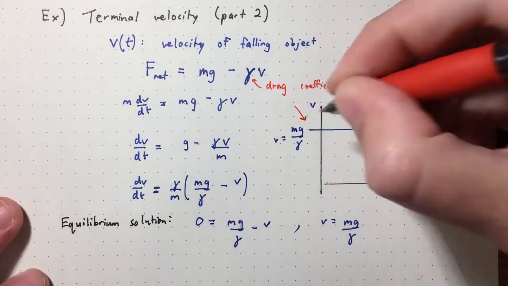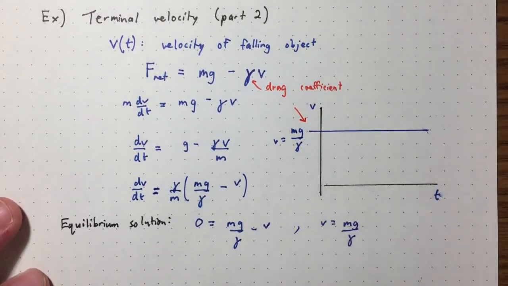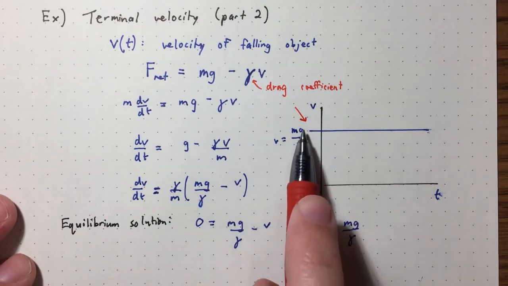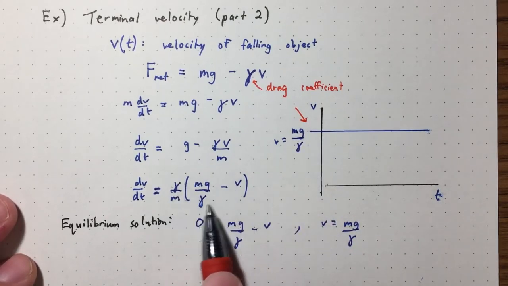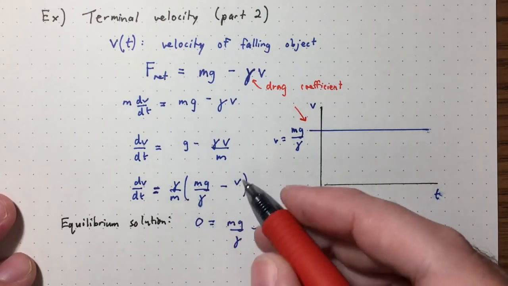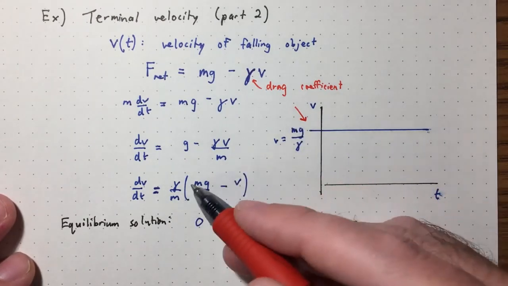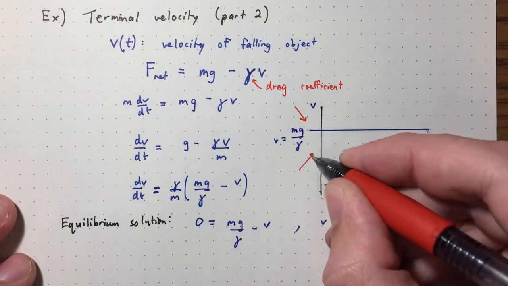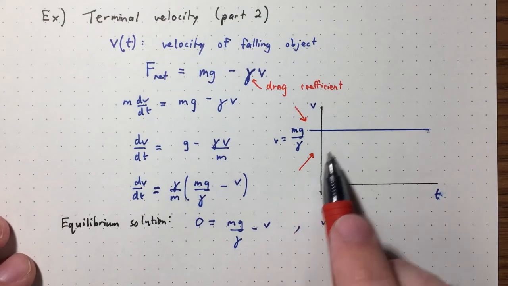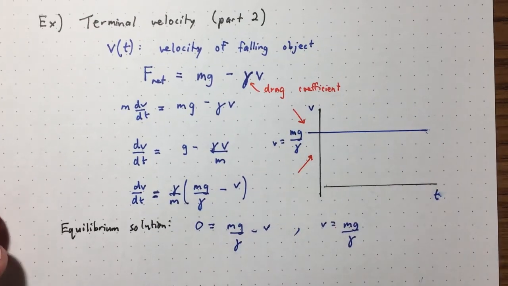And so my solutions starting above mg over gamma will be decreasing. And if v is less than mg over gamma, this number here will be positive, subtracting a smaller number from a bigger one. And so because dv/dt is positive, v of t, my solutions, will be increasing.